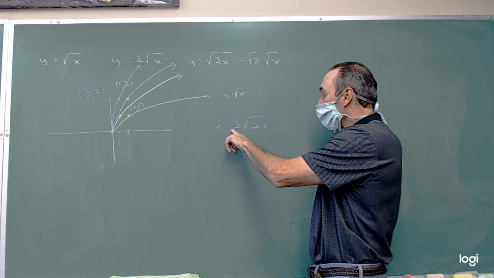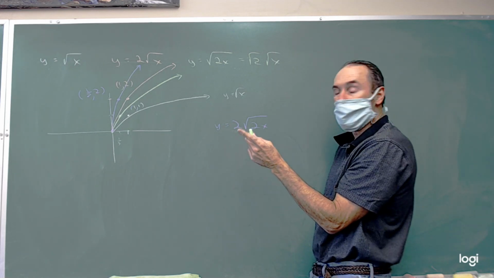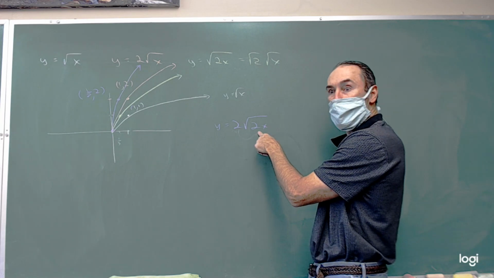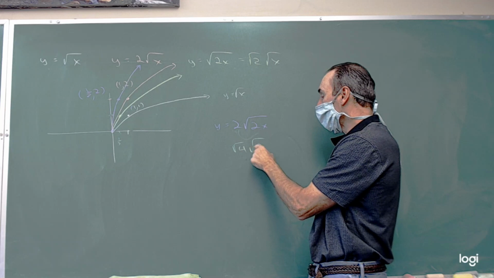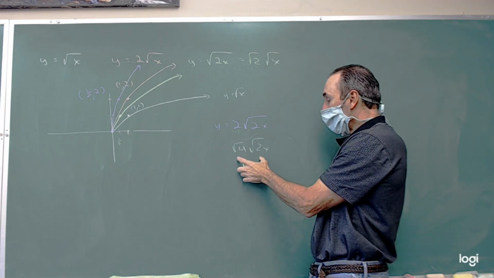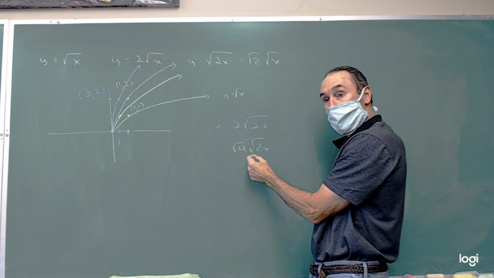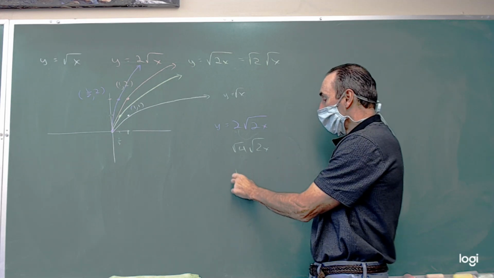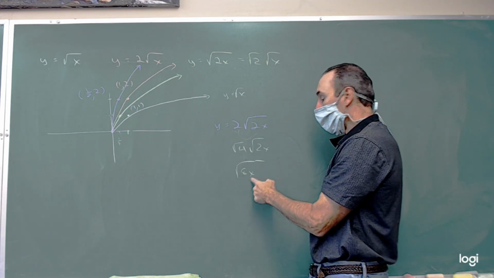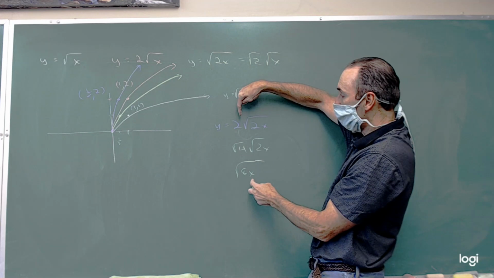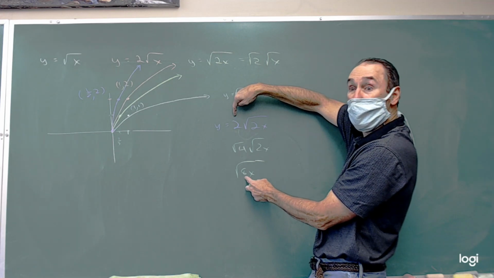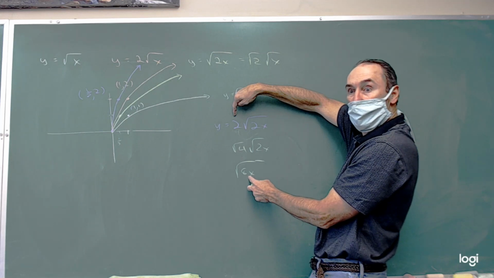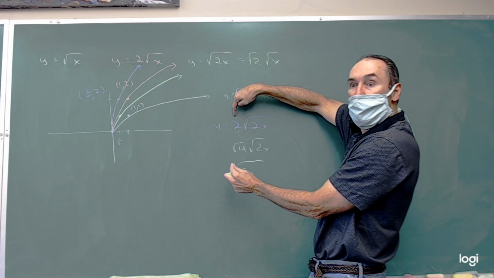Yeah, so you could do it one of two ways. You could bring this inside, like you're saying. 2 is the same thing as the square root of 4. And now when they're both in the radical, you can multiply their radicands, and so that will become the square root of 8x. So yes, now you can see that this stretching has really contributed to a bigger shrink, because now we're shrinking it by 1/8.